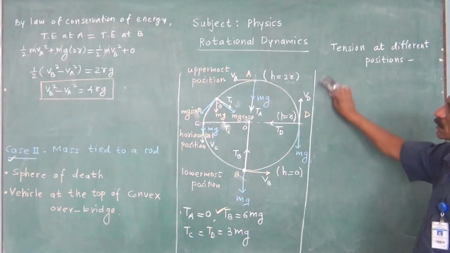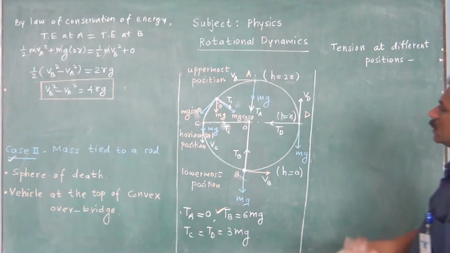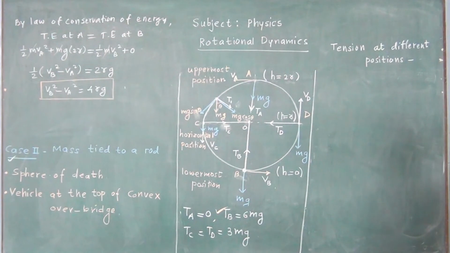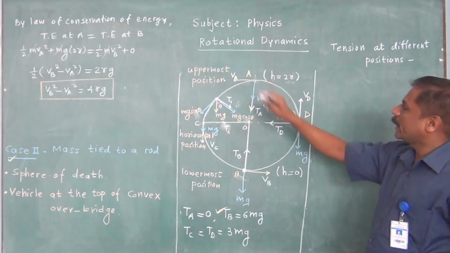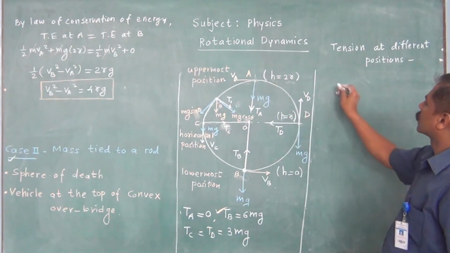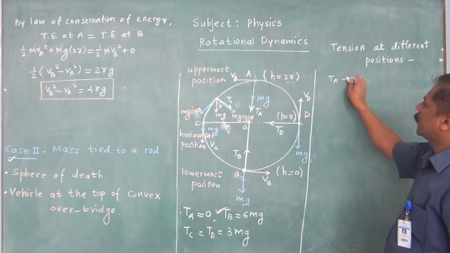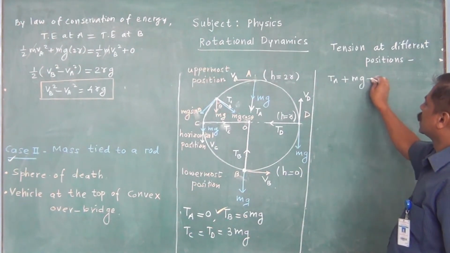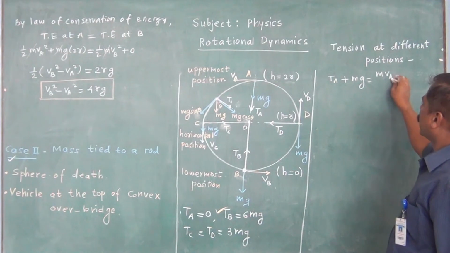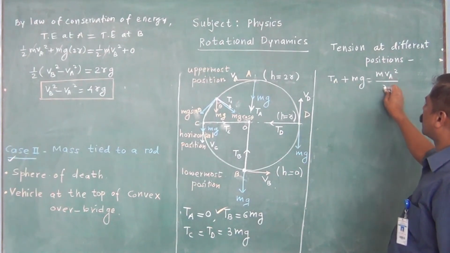Again you have to use the same law of conservation of energy. If we consider point A, then we know the formula: TA plus mg is equal to mva square upon r.